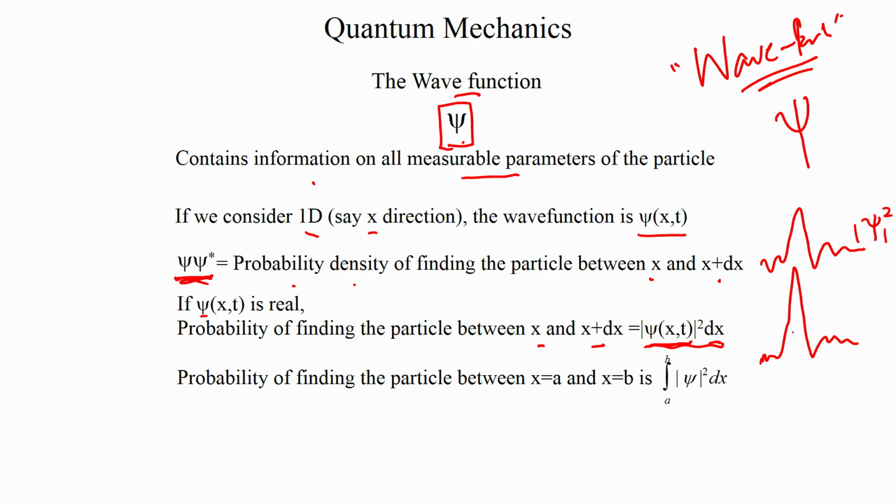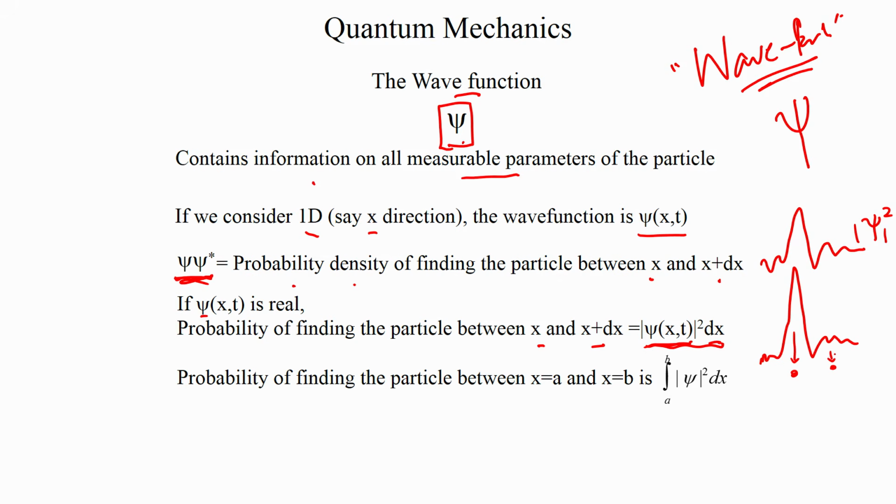So this is the probability density of finding the particle, which means that according to this wave function, the probability of finding the particle in this region is the largest, and the probability of finding the particle here is not 0, but it's not as large as the probability of finding the particle in this region.